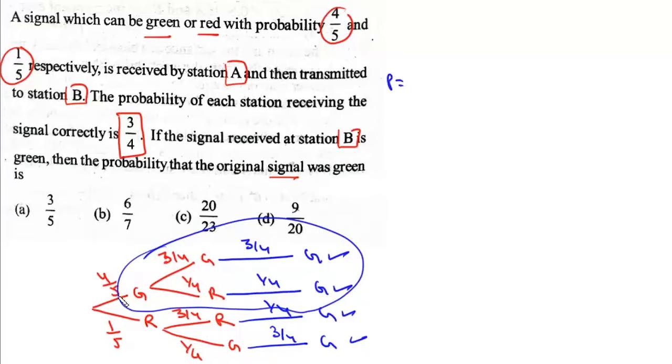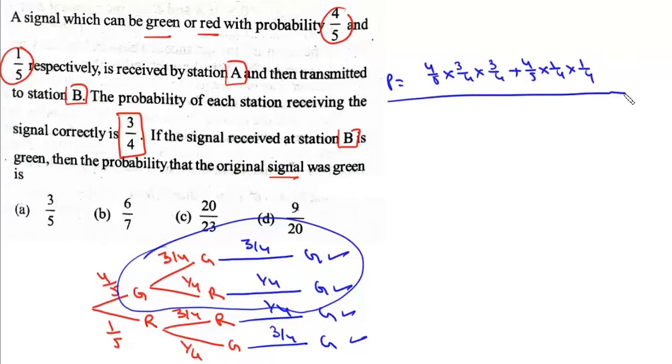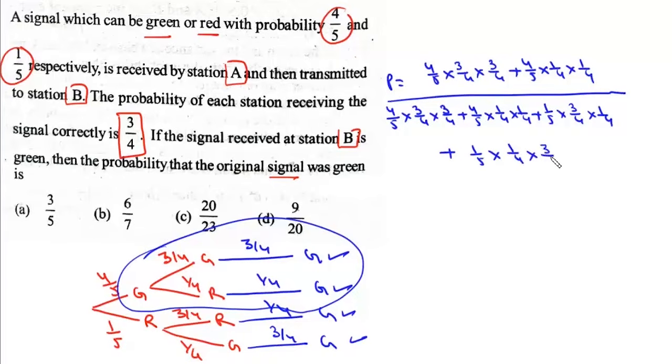So this probability will be 4 by 5 into 3 by 4 into 3 by 4 plus 4 by 5 into 1 by 4 into 1 by 4, divided by 4 by 5 into 3 by 4 into 3 by 4 plus 4 by 5, 1 by 4, 1 by 4 plus 1 by 5, 3 by 4, 1 by 4 plus 1 by 5, 1 by 4 into 3 by 4.